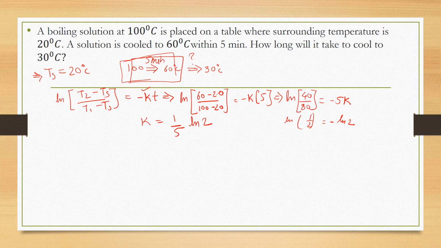Now we need to determine the time required to cool down the temperature to 30 degrees Celsius from 60 degrees Celsius. So now we will consider the second system, that is 60 to 30 degrees Celsius. So let's determine that time. So log of (T2 minus Ts) by (T1 minus Ts), same formula.